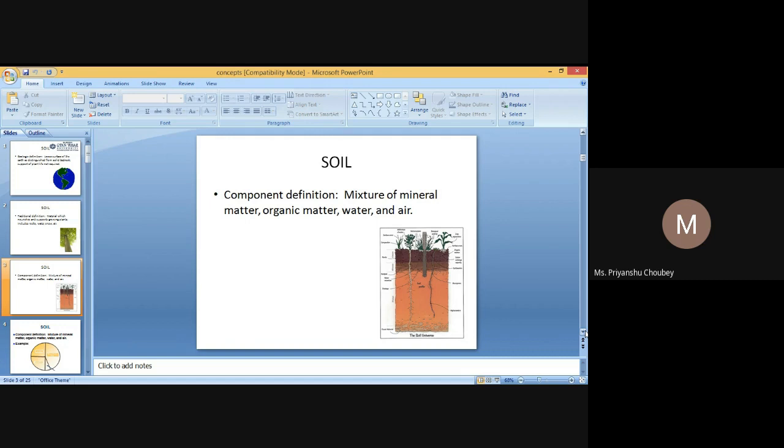These aggregates formed under natural conditions are called peds. Whereas an irregularly shaped coherent mass of soil formed during a tillage operation is called a clod.